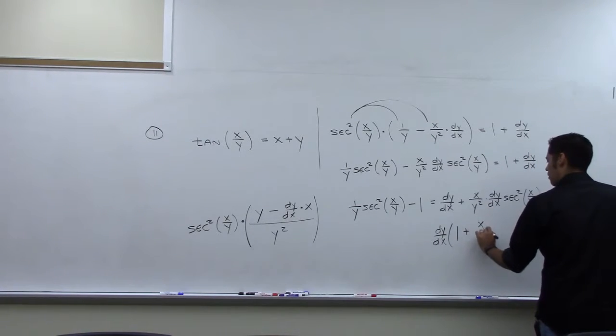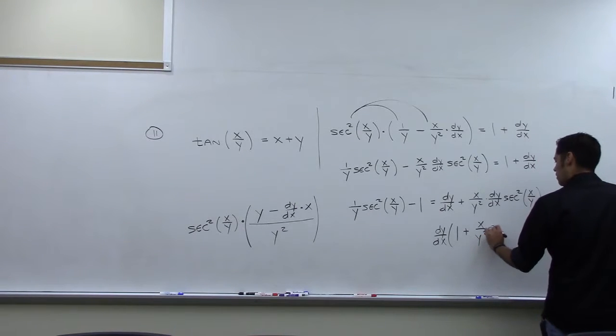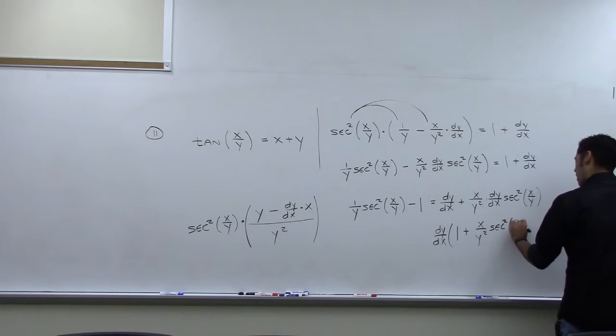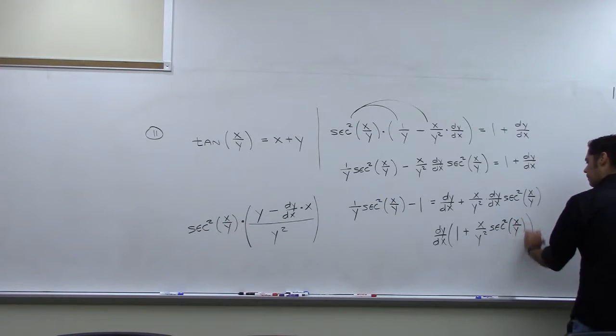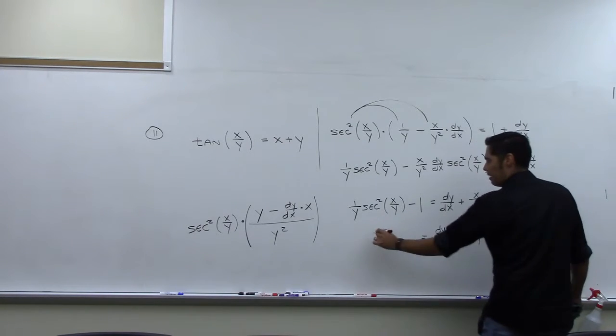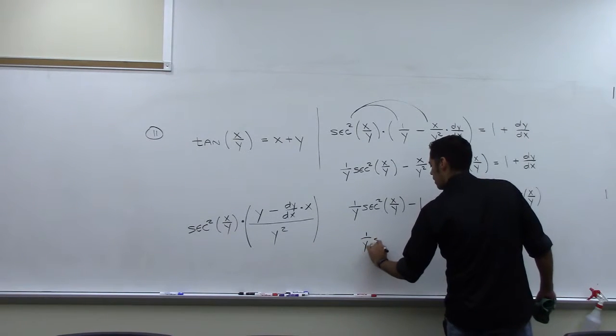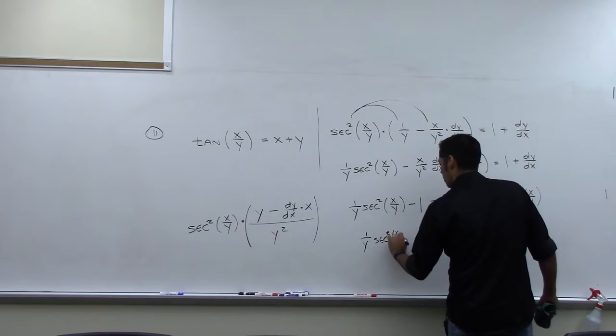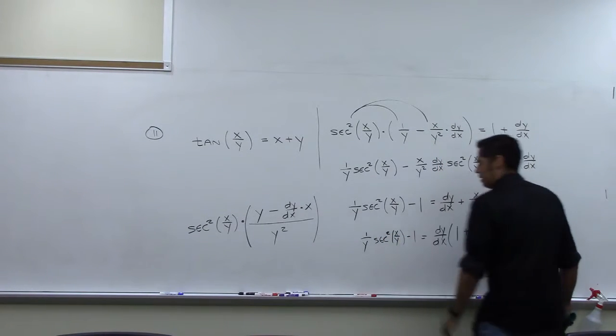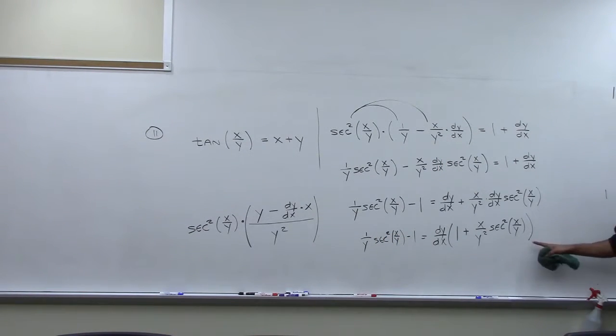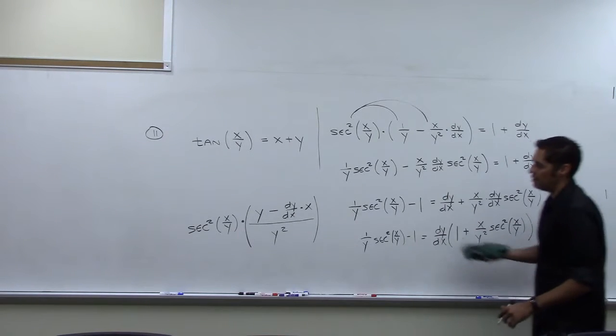Then I'm going to have x over y squared secant squared of x over y. And then on the left side, I still have this, 1 over y secant squared x over y minus 1. All right, now just divide this thing through on both sides, and we're there.